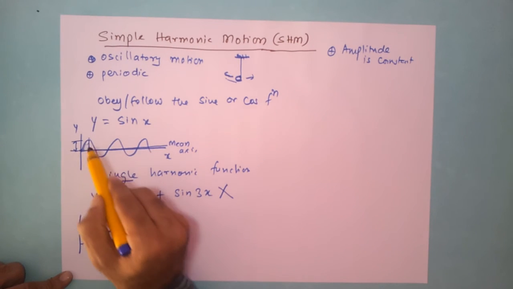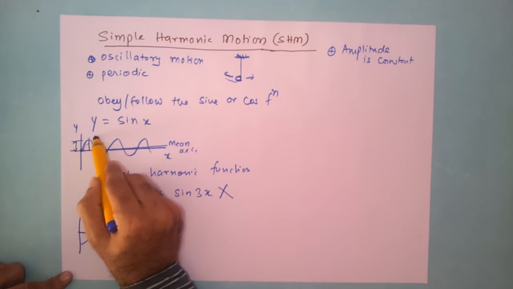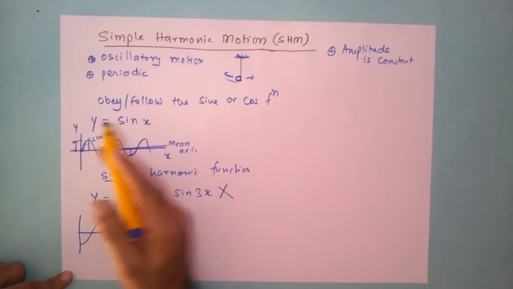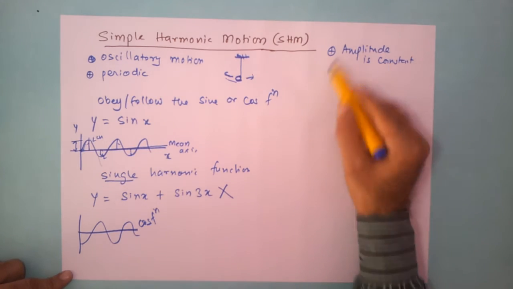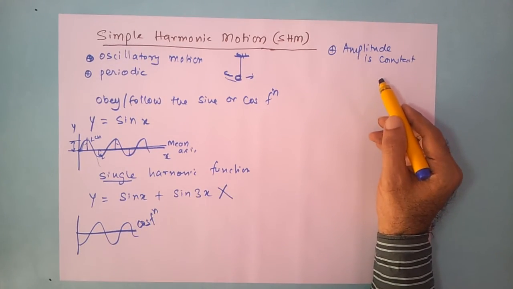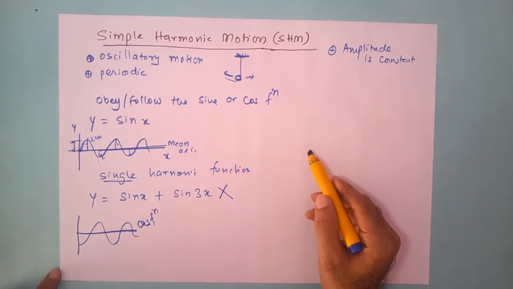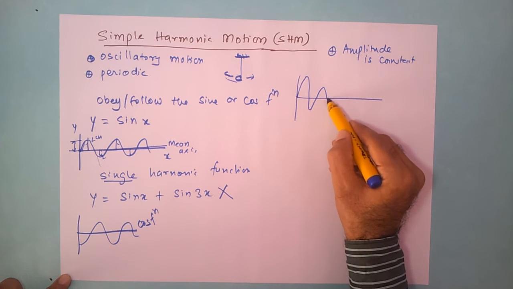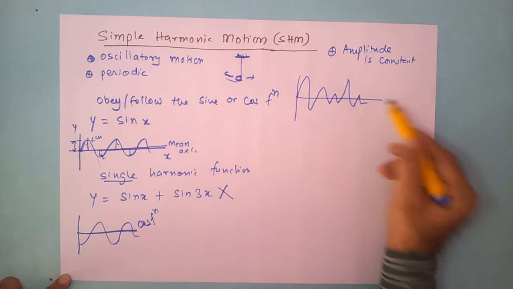That means this distance, if it is, say for example, 2 centimeter, then this would also be 2 centimeter, this is 2 centimeter, 2 centimeter, 2 centimeter, and so on. In that case, the amplitude is constant, and we use the words simple harmonic function. Because we could also have a function like this, where the amplitude is varying.